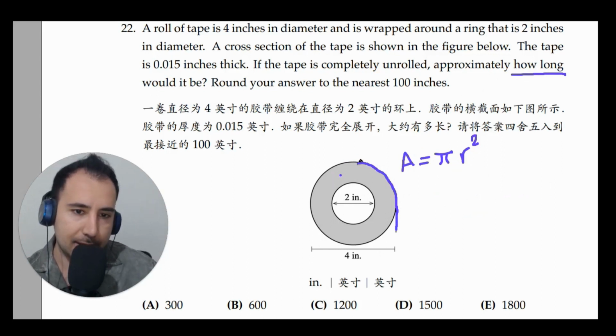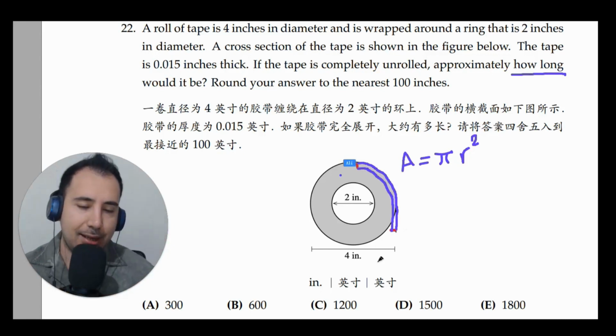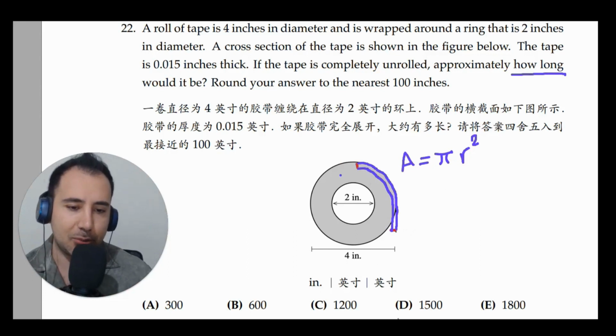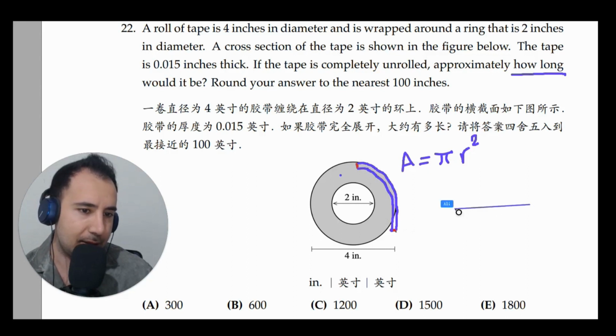And we know that this is going to be the thickness of it. Then we're going to cut this part of the tape and stretch it. You have to visualize what it will look like after stretching it. It would be something like this.